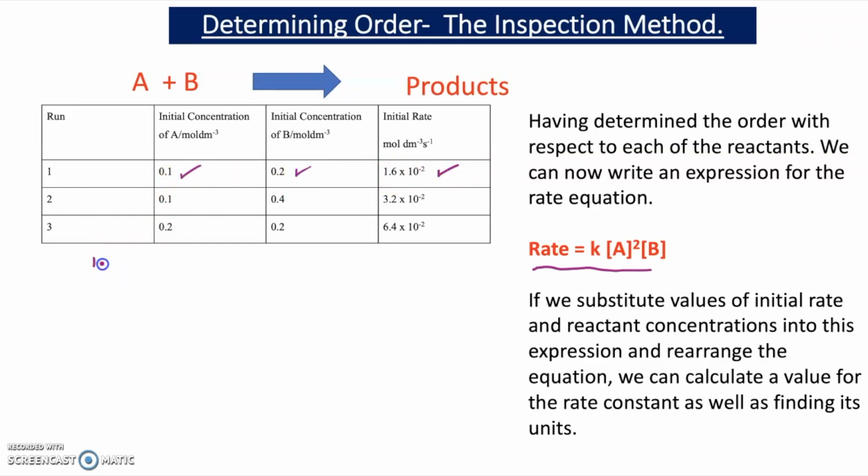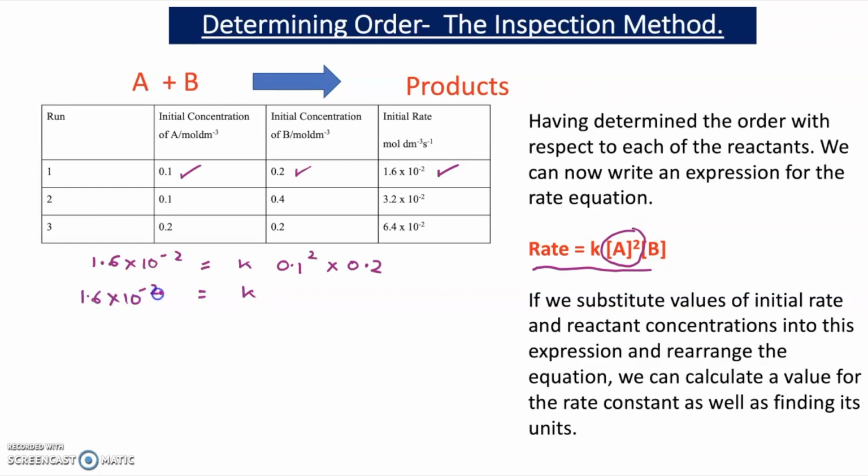If I now use these values and substitute them into the rate equation, I would have 1.6 times 10 to the minus 2, the rate for experiment 1, being equal to K times the concentration squared of A times the concentration of B. So it'd be K times 0.1 squared times 0.2. So 1.6 times 10 to the minus 2 is equal to K times 0.1 squared times 0.2.